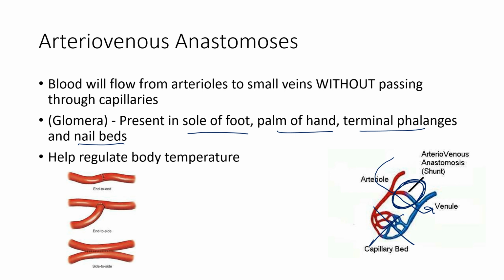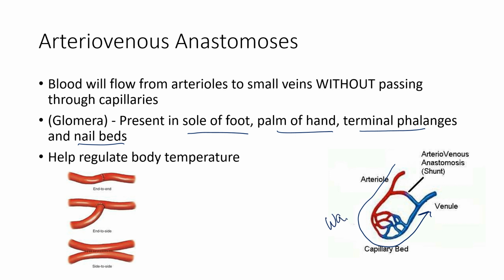Part of it is to help regulate body temperature. So remember, when you're hot, you would open up the capillary bed and not shunt the blood off. You would allow blood to flow through the capillary bed, do the gas exchange, and then into the venule, because you're trying to get excess heat out of the body.